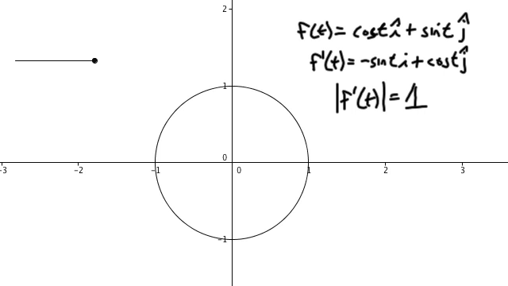So we have a nice constant speed. And if I put a point on here and let it go around, you can watch how I'm changing my parameter t.